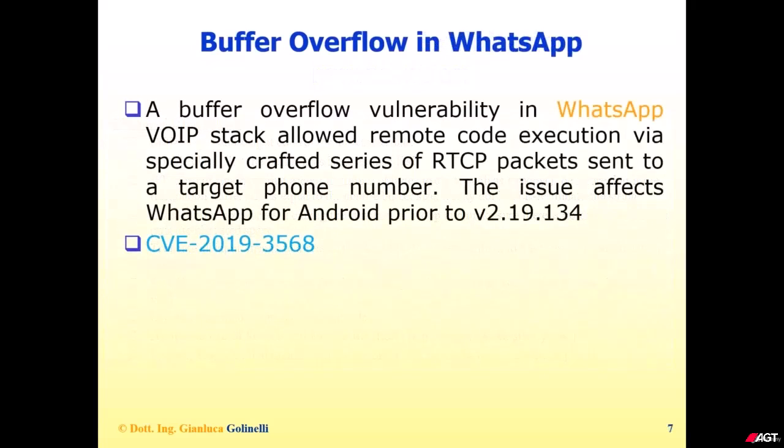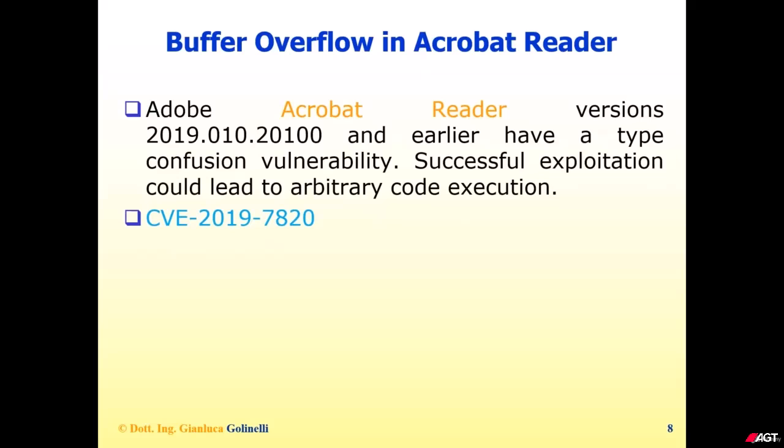I've shown in the following slides some examples of vulnerabilities from buffer overflow that have been discovered over the years. This in particular is a WhatsApp buffer overflow vulnerability inherent in the RTCP protocol used for VoIP calls. Here is another example of vulnerability from buffer overflow in Acrobat Reader.